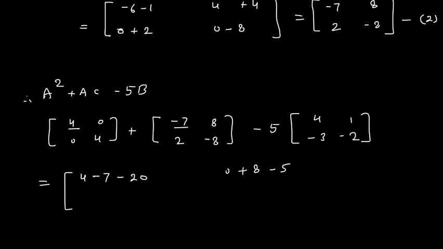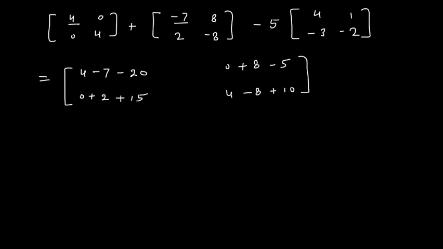So 4 minus 7 is minus 3, minus 20. Here 15 plus 2 we get 17. Here 8 minus 5 we get 3, and 4 minus 8 is minus 4. Minus 4 plus 10 is 6.